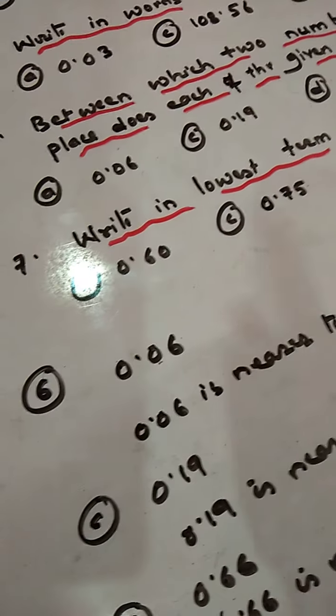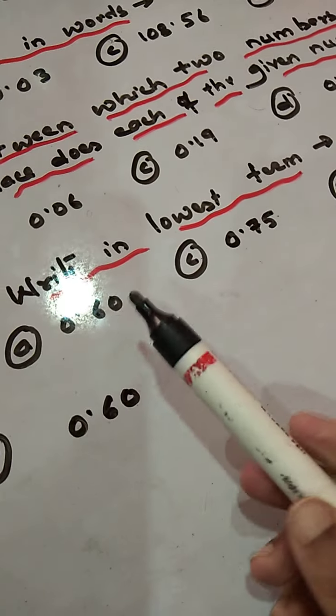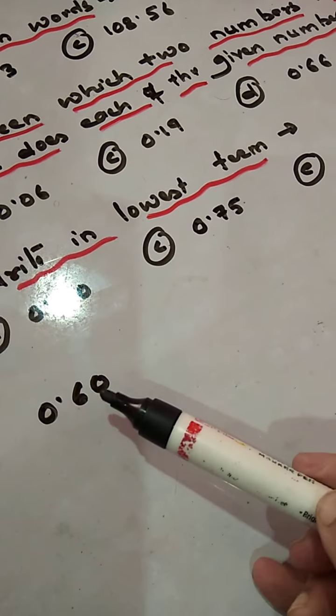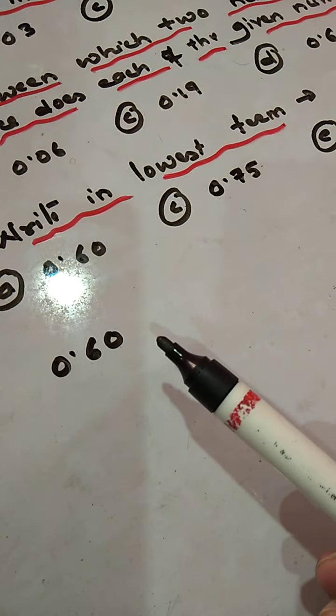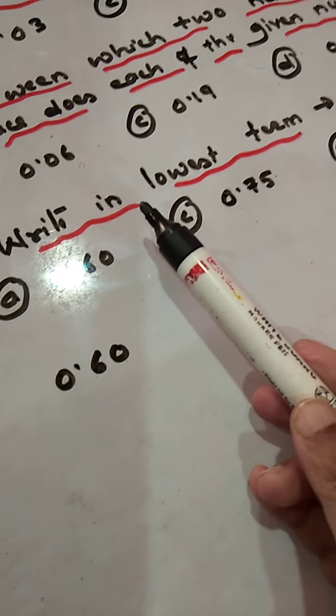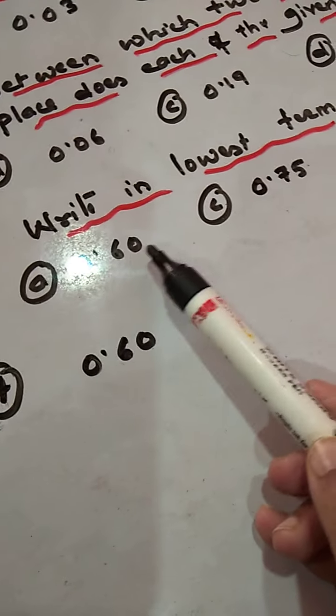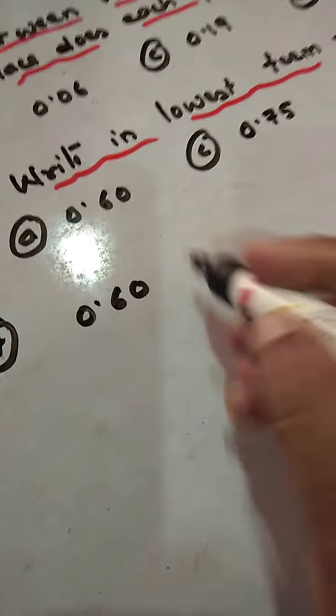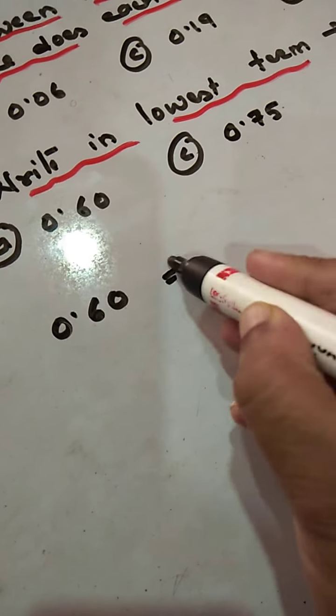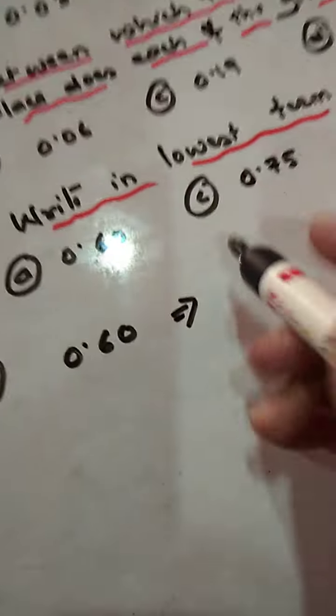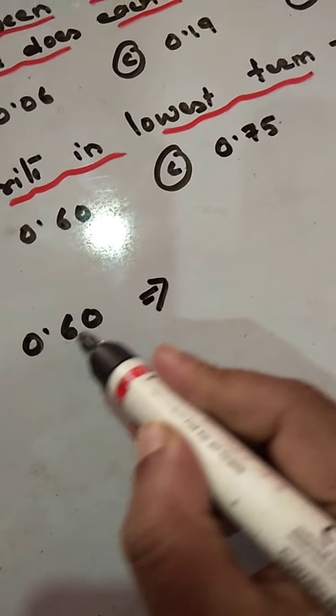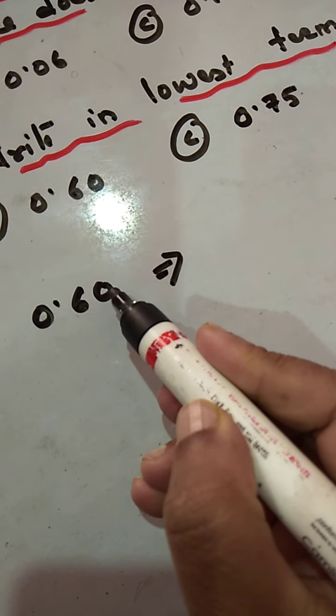Okay students, now let's move on to sum number 7. Now in question number 7, you have to convert this into the fractional form first, and then you have to reduce it so that you can convert this whole form into the lowest term. So what is the first thing we have to do? We have to convert this into the fractional form, that is 0.60. So after decimal, how many digits are there? 2.